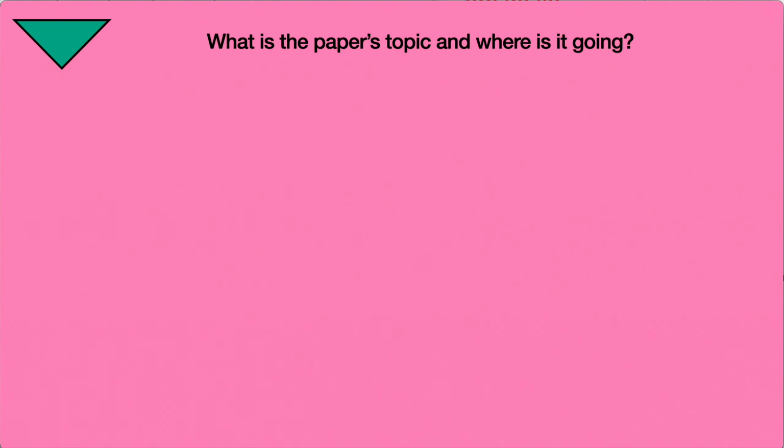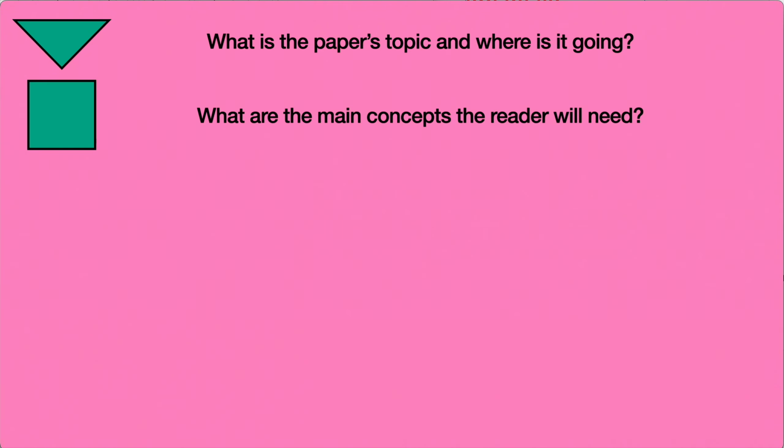Okay, so you can think of each of these sections as answering a particular question for the reader. So, the introduction: what's the paper's topic, and where is the paper going? So that as I'm reading, I know what to remain alert to. Secondly, what are the main concepts the reader is going to need in order to follow how you unfold the thesis?